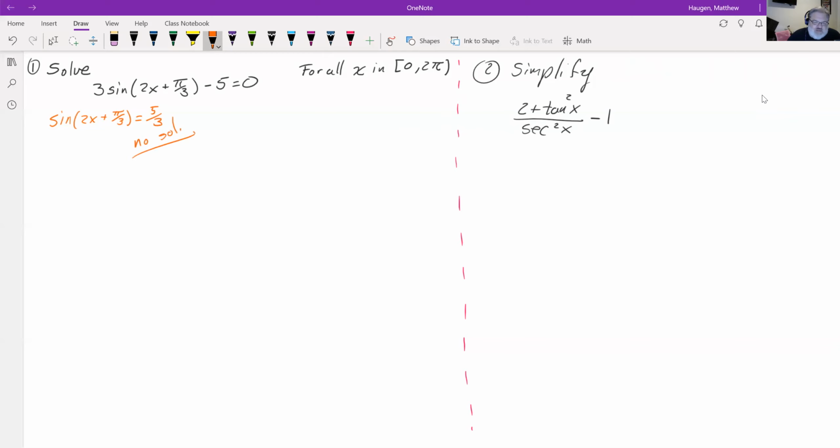It's always scary when that happens on tests because you're like, oh no. And we are not learning about imaginary trig. There are no imaginary trig functions, or not like that anyway. So yeah, it just goes to no solutions. I did want you to make sure you guys see that at some point, because it's actually not uncommon to have it occur.